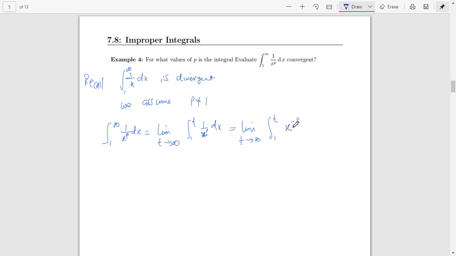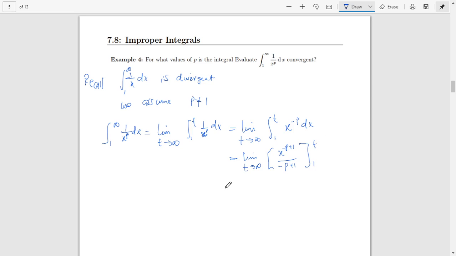Now since p is not equal to 1, this is not going to be a natural log of x. The integral will be x to the power of negative p plus 1, all over negative p plus 1, because we add 1 to the exponent. And then we evaluate this from 1 to t.